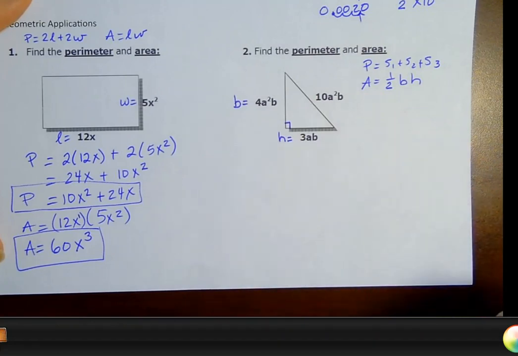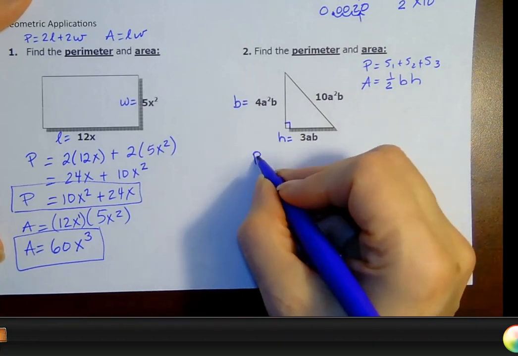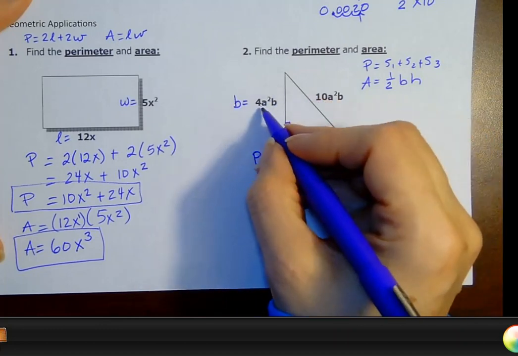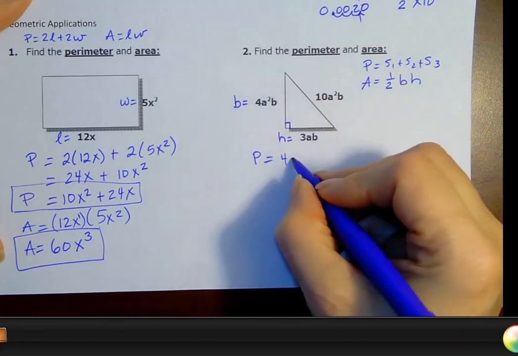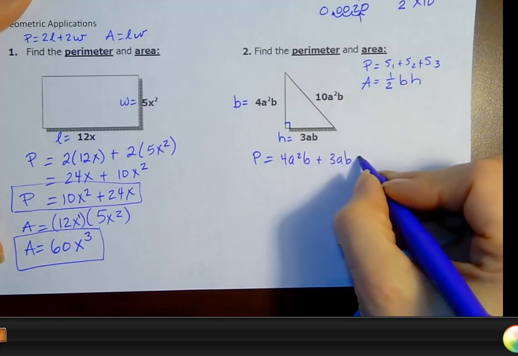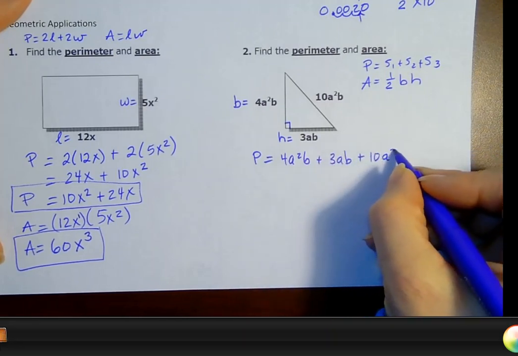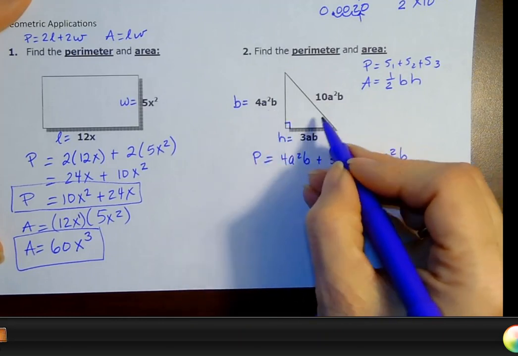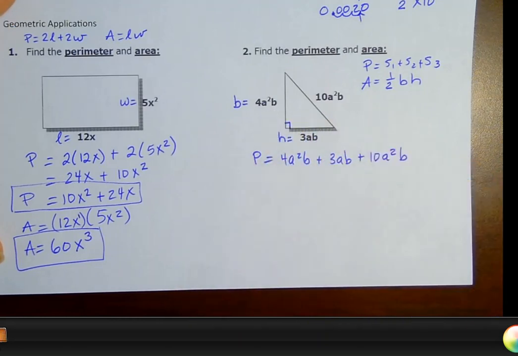Okay, so my perimeter, I'm just going to add all the sides together. My perimeter is 4a squared b plus 3ab plus 10a squared b. I just picked all three sides and I'm adding them together, and now I'm going to combine like terms. To combine like terms, I have to make sure I have exactly the same variables with exactly the same exponents.